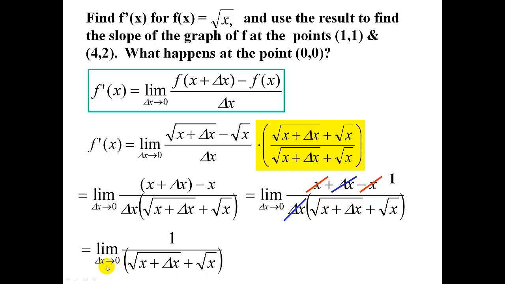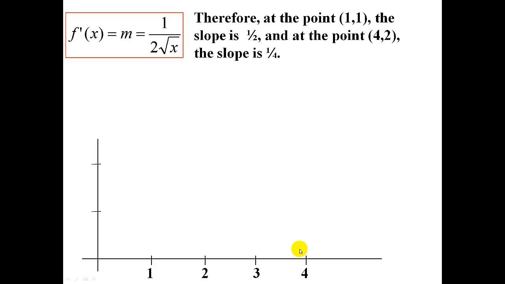And now we're going to put a 0 in for delta x because we can do direct substitution now. You remember from limits, the limit is delta x approaches 0 of this. We're going to substitute in a 0 for delta x. That leaves us with 1 over 2 square roots of x.